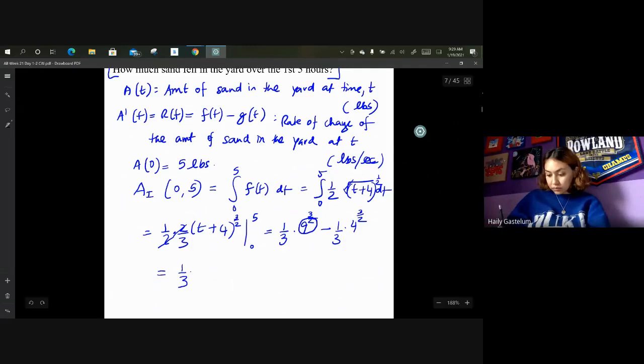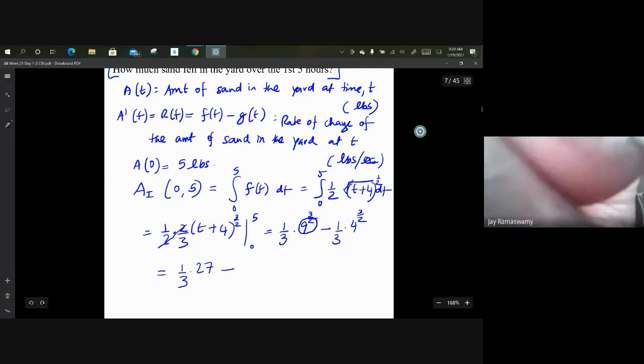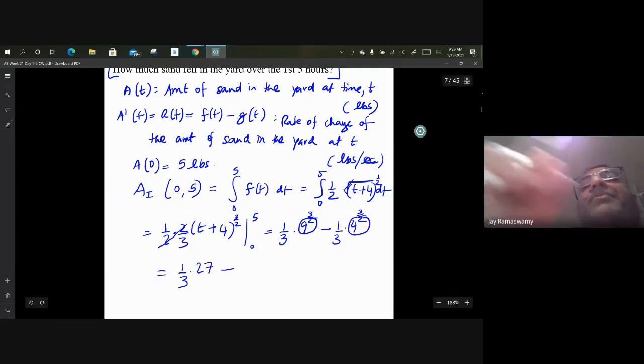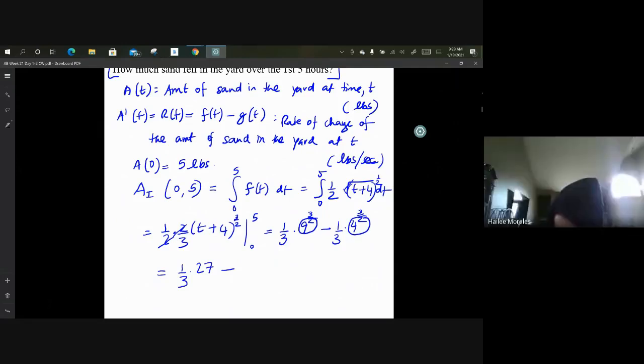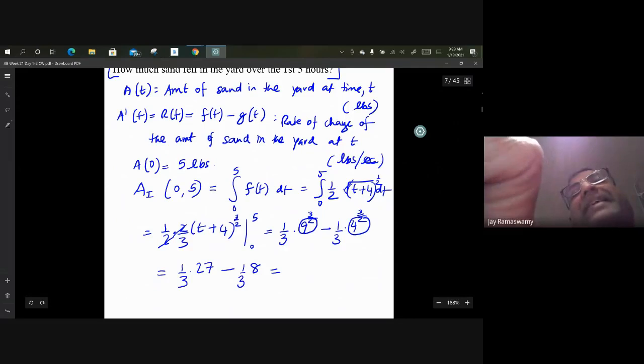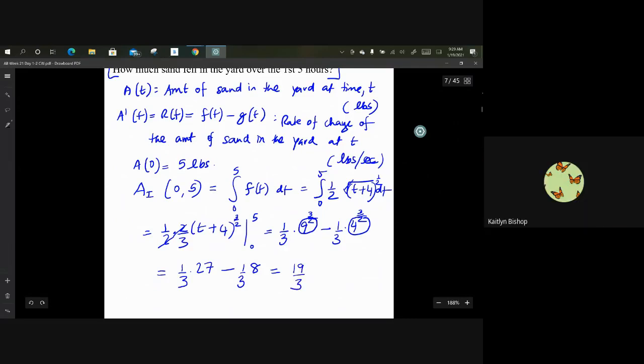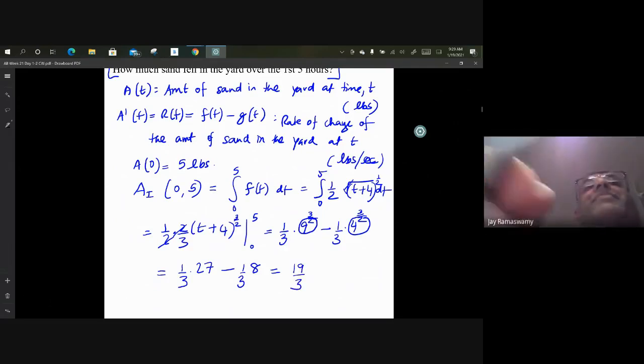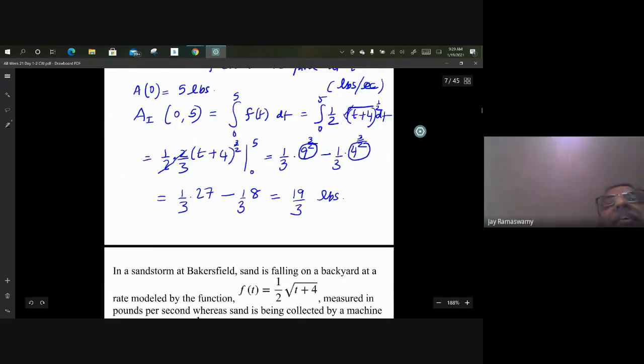Cubed, 27. Minus, what's the square root of 4? 2. Cubed, 8. The final answer is 19/3. And we found the amount of sand. Is that pounds? Yes. That's how easy it is. So we did it by hand. Is that clear? You had a question like this yesterday.